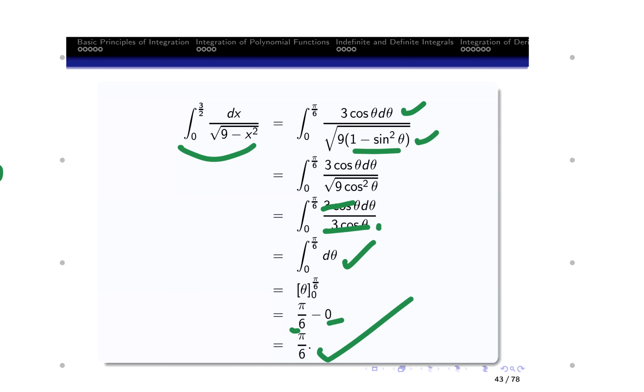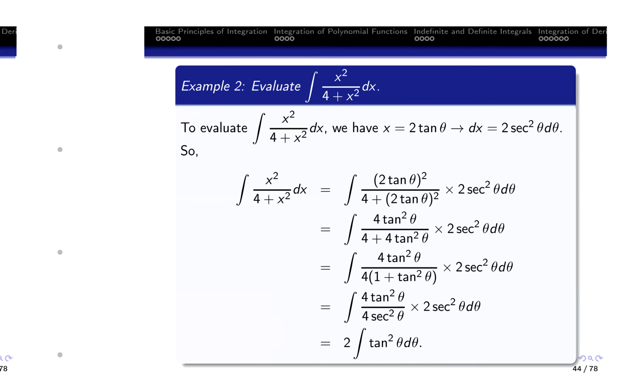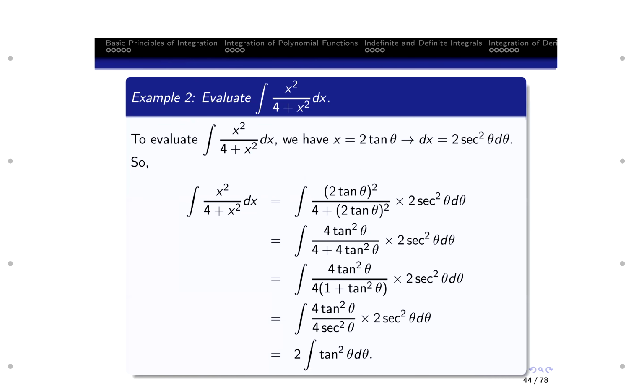Okay, can we take another example? Here we are trying to evaluate the integral of x squared over 4 plus x squared dx.